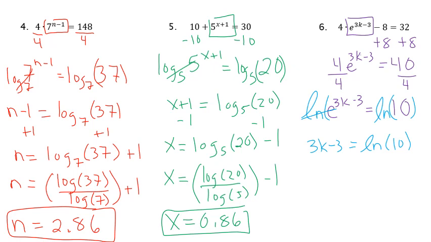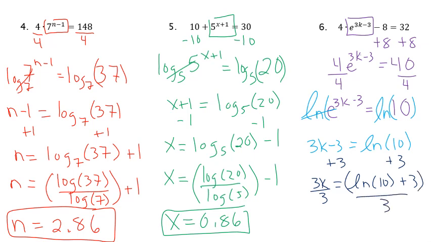In this case, our variable is k. So we're going to add 3 to both sides. And again, we're not making it out of 13. We have to evaluate that. We're just going to do it at the very end. Divide the whole thing by 3.